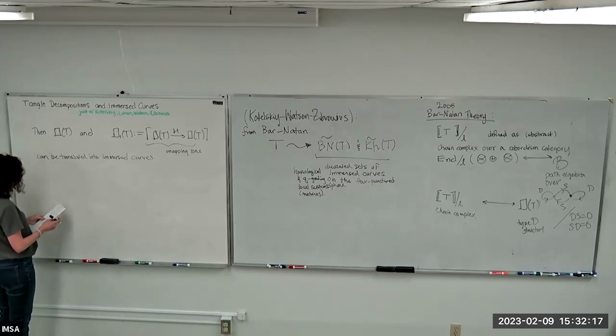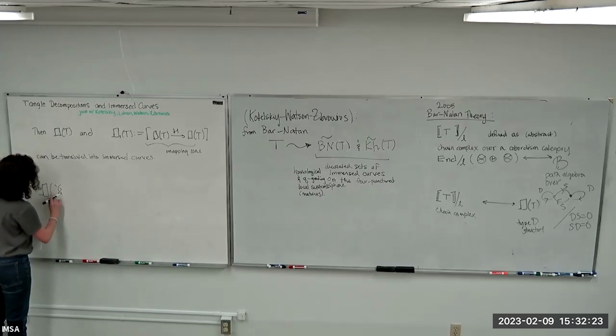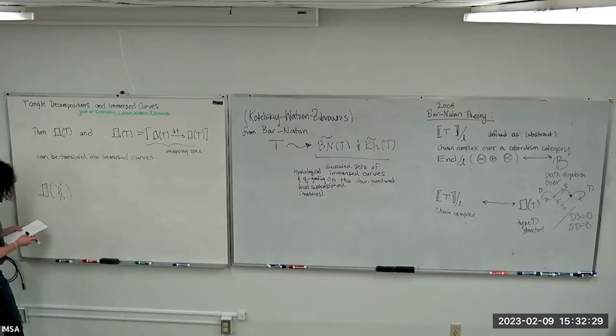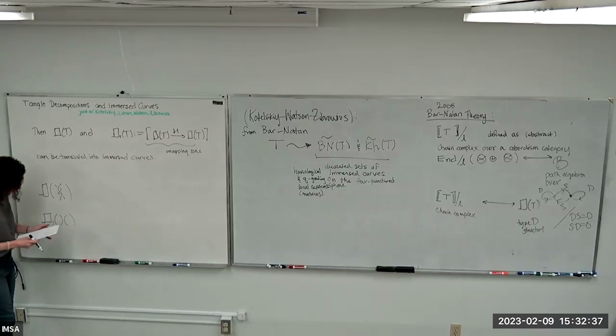Okay, so we're going to build a trefoil knot, so let's have a 3 twist, 1, 2, 3 in this tangle. And let's also take a 0 tangle, okay?